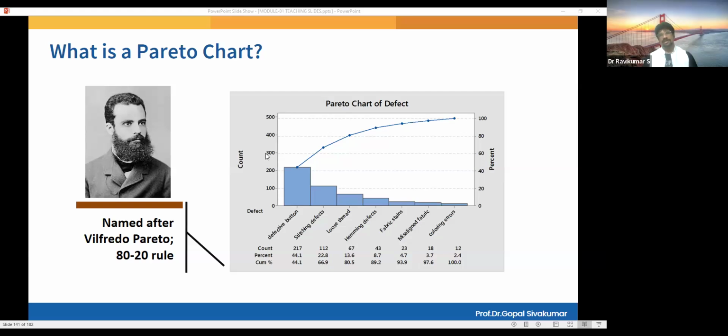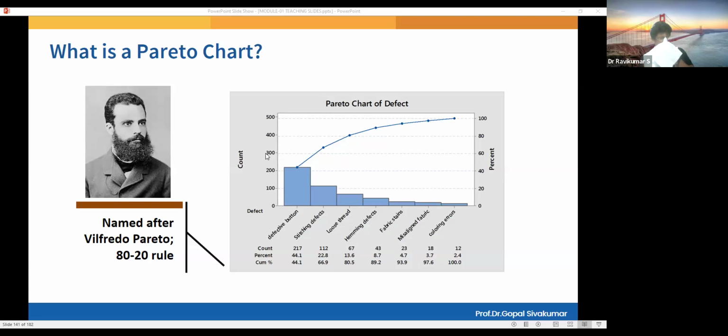80% of loss is created by 20% of defects, 20% of factors, X factors. 80% of problems in a process are generated by nearly only 20%. So even though you have 10, 15 problems existing in your process, if you develop a Pareto chart, you can identify that only 2 or 3 factors are contributing to the 80% of the problems.